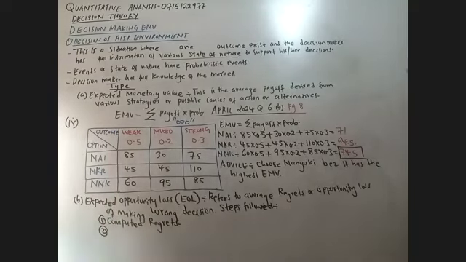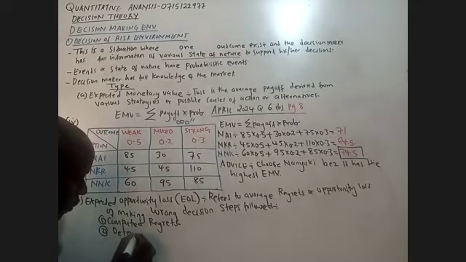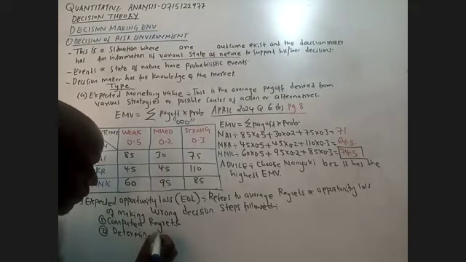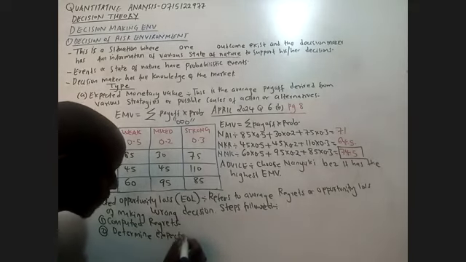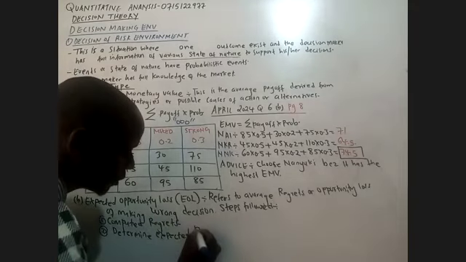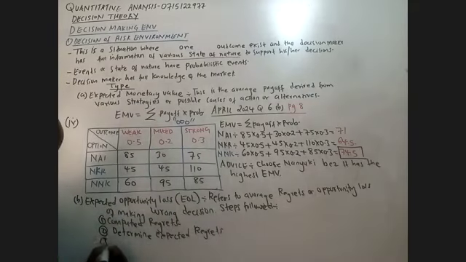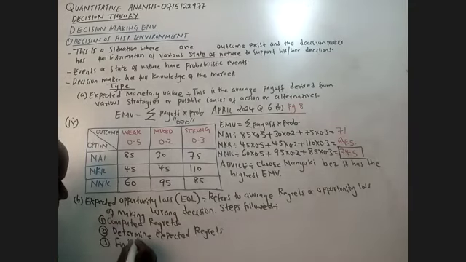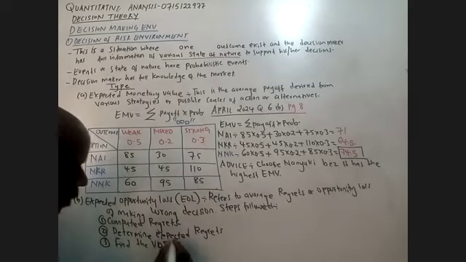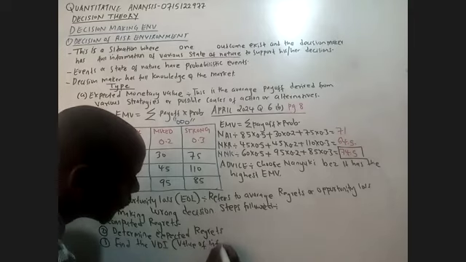Step number two, determine the expected regrets. Then the last step, number three, find the VOI. VOI means value of information.